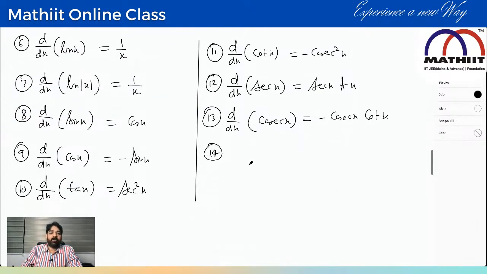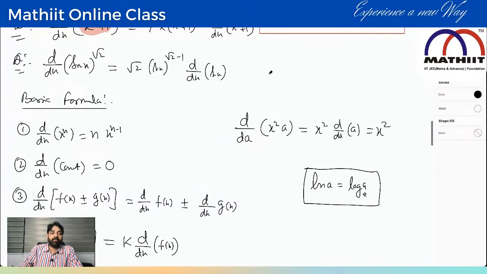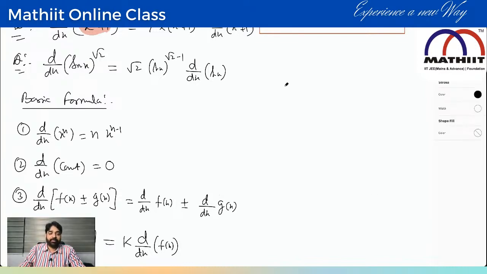A few formulas I wanted to derive, which are not standard formulas, but I suggest you learn them like standard ones. If I ask a simple question, what is d/dx of root x? We can write this as d/dx of x power 1 by 2. So variable power constant, and the variable is x, so I'm happy.